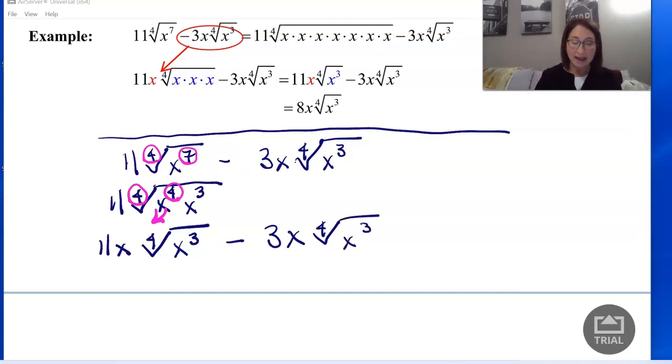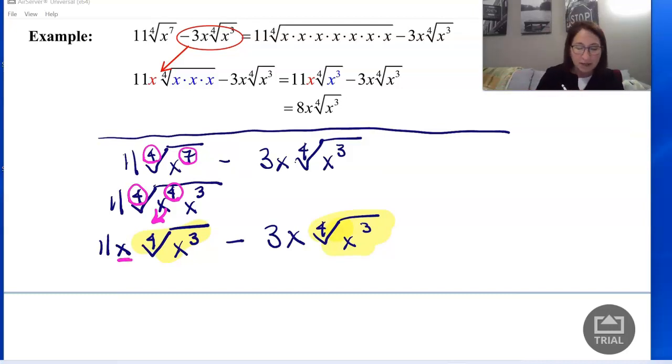So now I have a like radical and a like radical. But what you might not really pay attention to, and I want to draw your attention to it, is that the numbers and the variables in front are being multiplied by that radical.